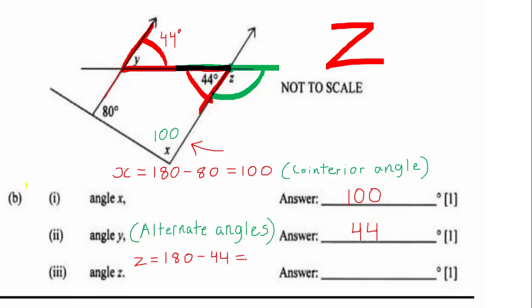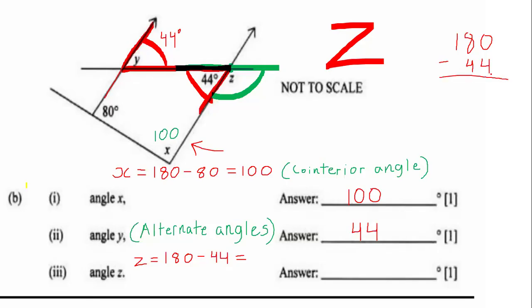And when we subtract 44 from 180 degrees, what do we get? We got 136 degrees. You sound a bit muffled, Israel. I don't know if you could correct that a bit.